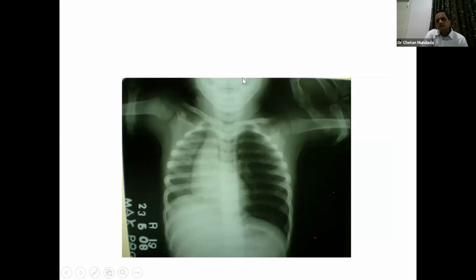The same child can present like this also: you have fever, you have respiratory distress which is rapidly increasing. And then when you look at the X-ray, there is a mediastinal shift and you have full translucency here, with loss of lung markings, and this is a tension pneumothorax kind of picture.